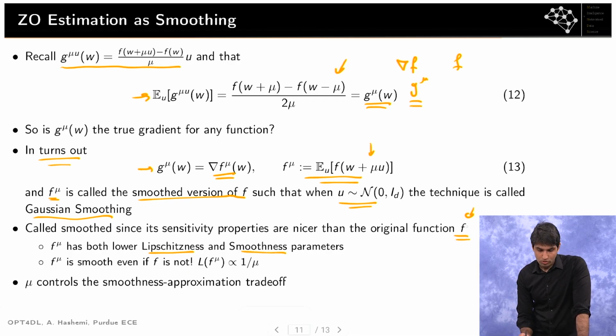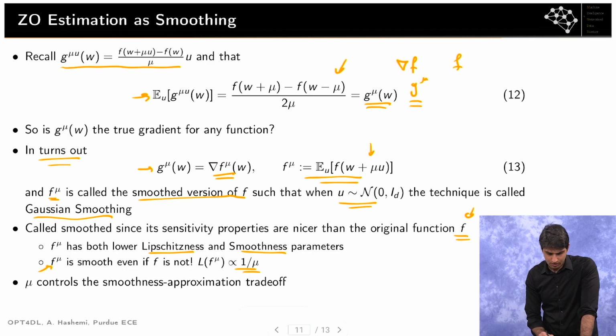Even more, if the original function f is not smooth, f mu can be smooth. In fact, the smoothness parameter typically is proportional to the inverse of the smoothing parameter mu. That gives you an idea of why we call mu the smoothing parameter, because it controls how smooth and nice f mu is.